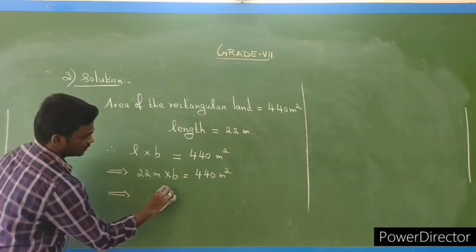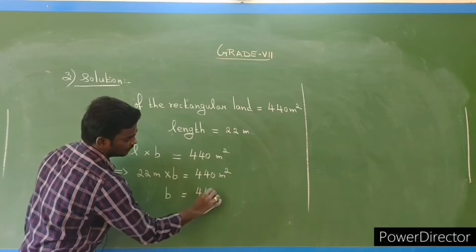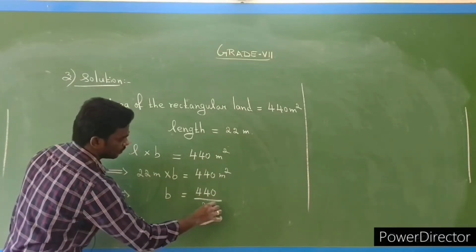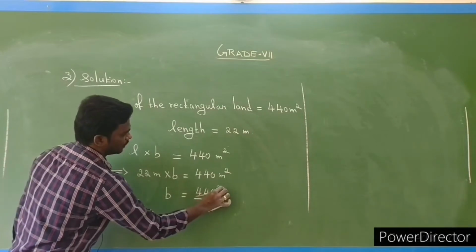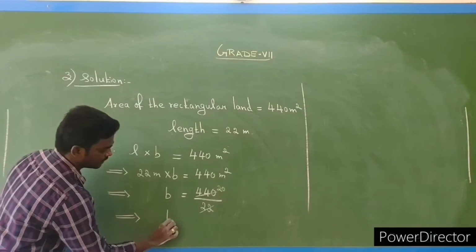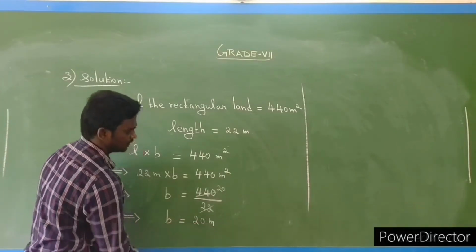So B is equal to 440 divided by 22, this 22 is transposing to division. So 1 times 22, 2 times 44. So the value is 20. So the breadth of the rectangular piece of land is equal to 20 meter.